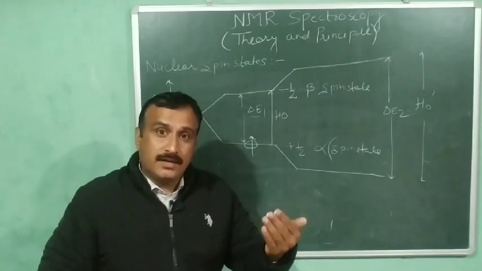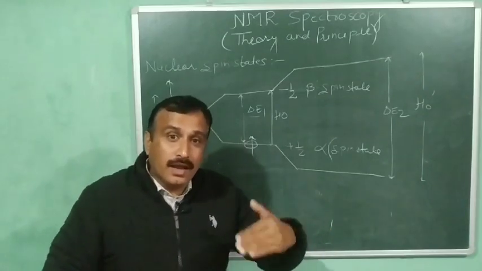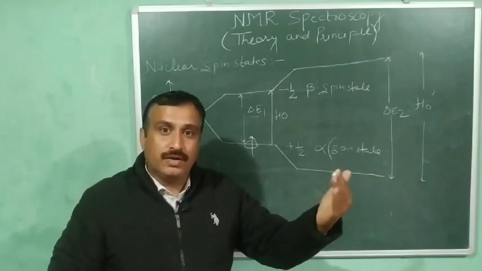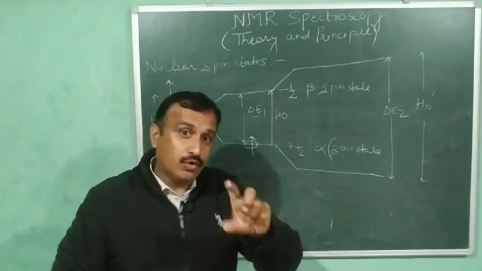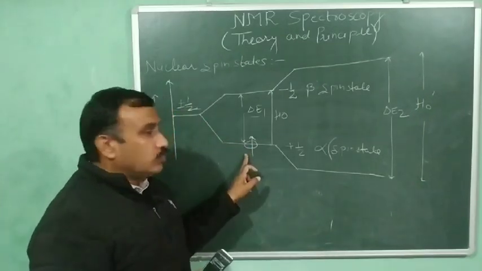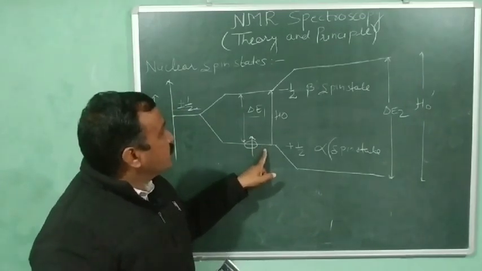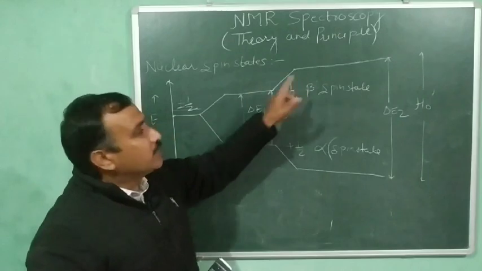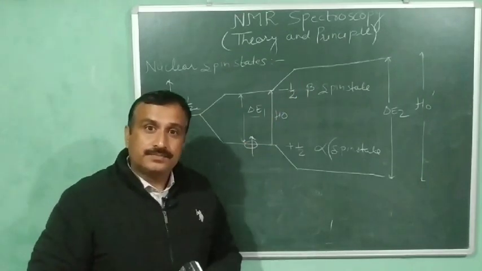Now, if I want to align this nucleus against the external magnetic field, then I have to supply some energy. So here I want to excite this proton magnet from the lower energy state, that is the alpha spin state, to the beta spin state. So I have to apply some energy.